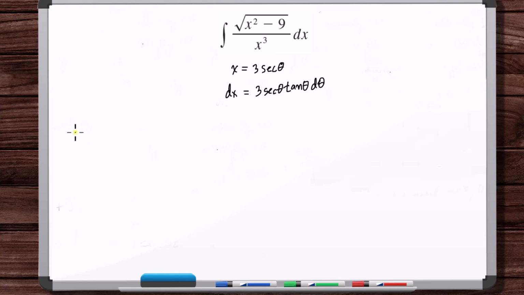All right, and so what's the purpose of this? Well, if we substitute this into the square root of x squared minus 9, so x is equal to 3 secant theta, we've got 9 secant squared theta minus 9.